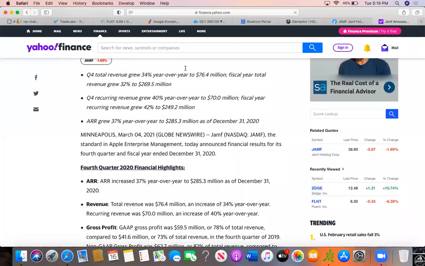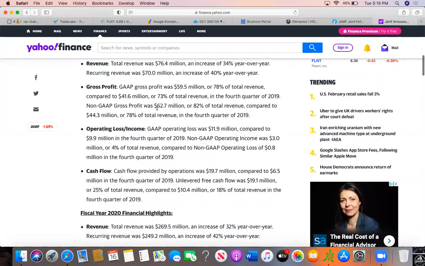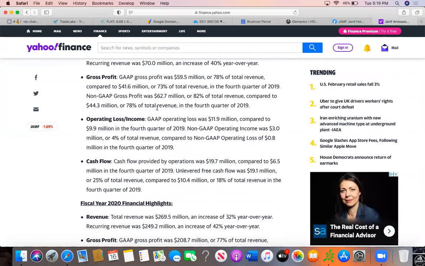Okay, so revenue growth of 34% and 32%, 40, 42. So that's good. You see the profit of 59.5 million compared to 41.6.